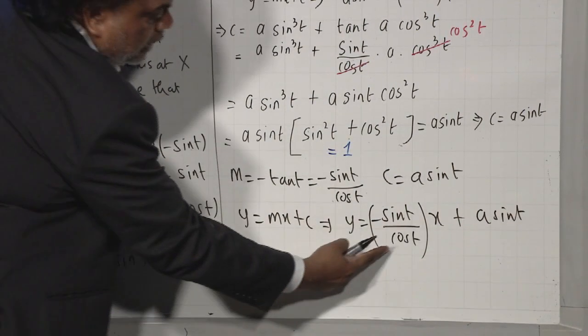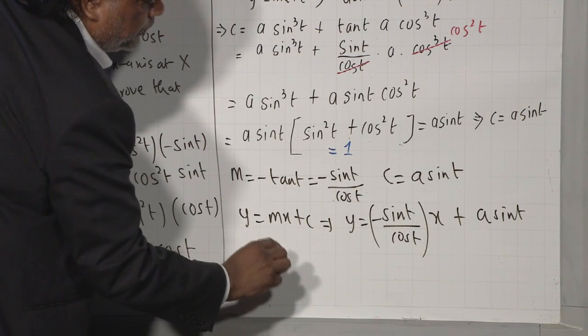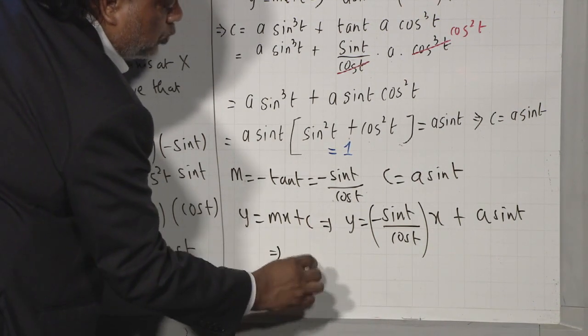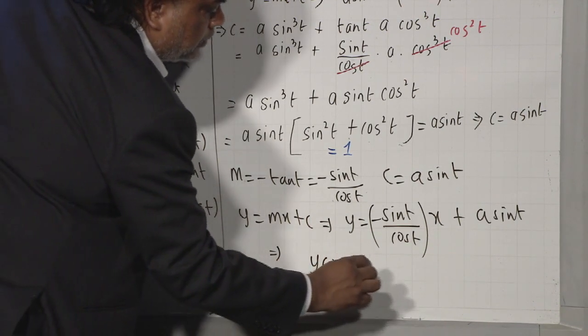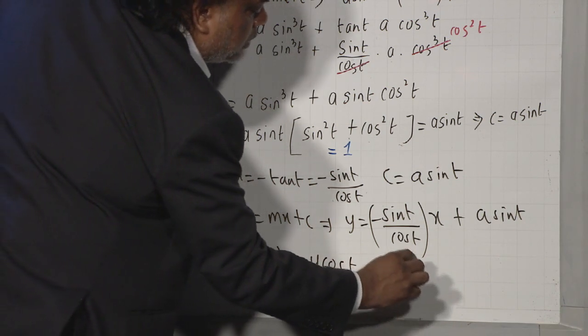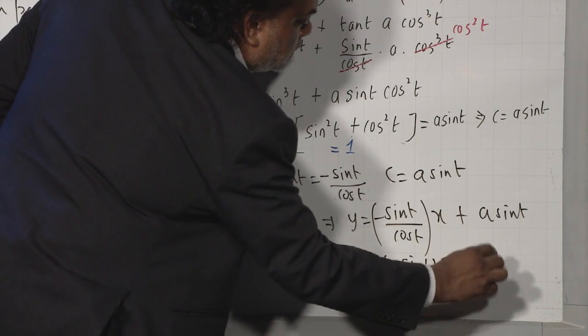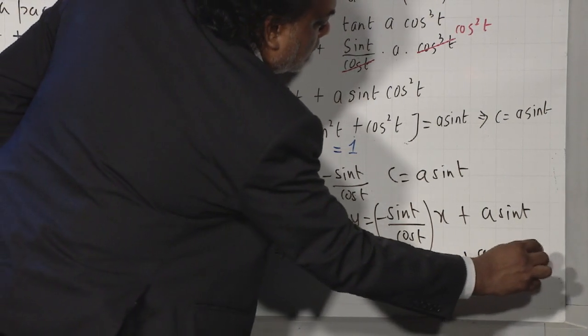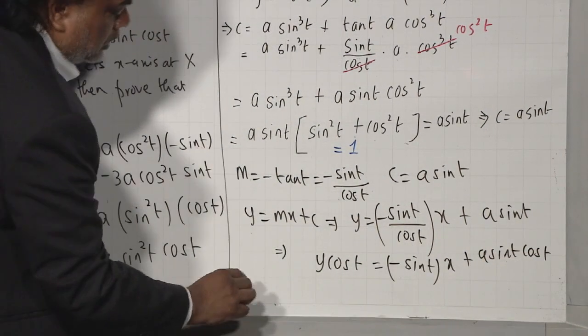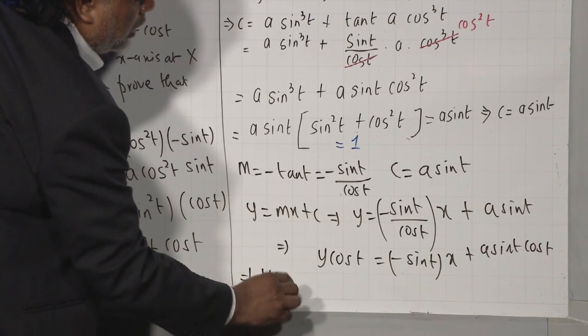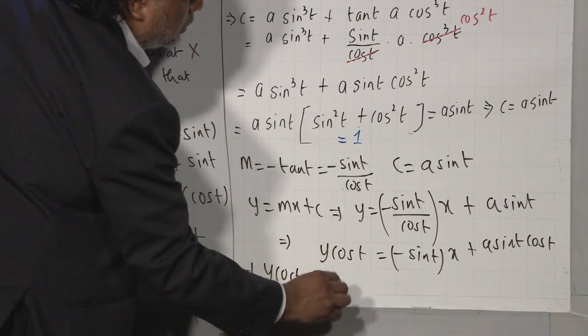I'm going to multiply all terms by this cos t. So this will give me y times cos t equals minus sine t x plus a sine t cos t. And this is what we had been asked to prove.